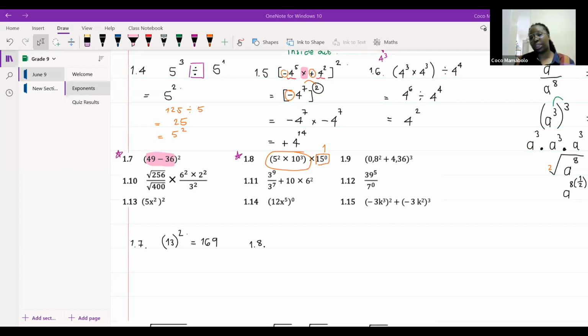So can we do anything with the exponents together? We can't plus exponents because they don't have the same base. We can't multiply the bottom. So we have to evaluate each of them separately. We start with this one and then that one.